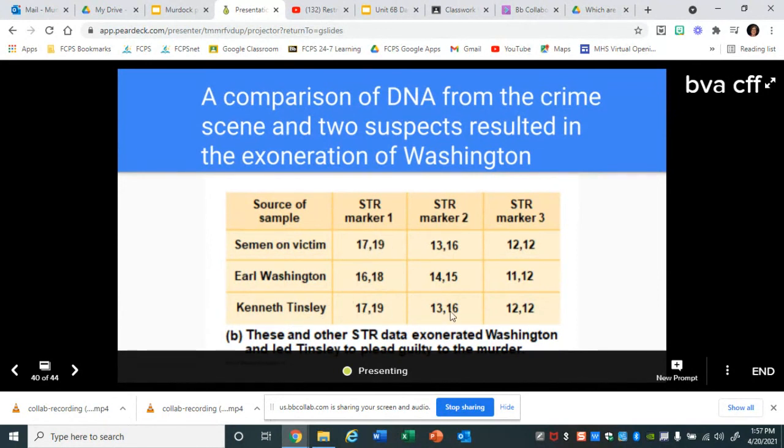It looks like he's a perfect match for the markers that they were looking for in the DNA that was found in the crime scene. So you can see that Earl Washington was exonerated. It couldn't have been him because the technology was sound enough for them to be able to trust it in the courtroom. So it wound up exonerating him, and he was actually released.